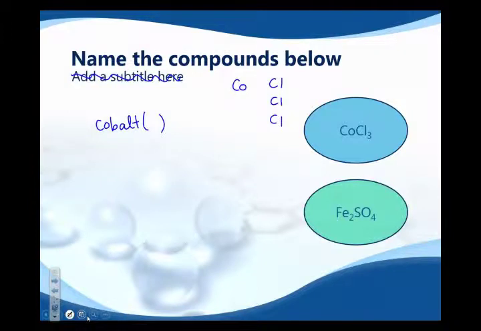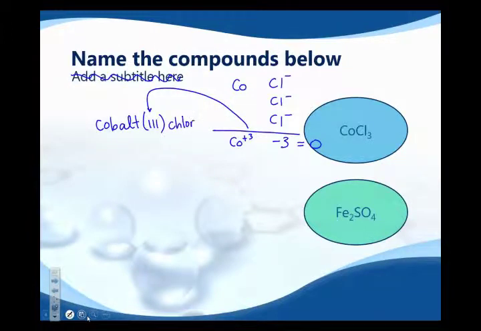I can check the periodic table and find that the charge of each chlorine is -1. So that means I have a -3 coming from the chlorines. I've just got the 1 cobalt, and the whole thing has to add to 0. What do we add to -3 to make 0? Well, we add +3. So my cobalt must have a charge of +3. That is what I put into my parentheses, a 3. And then I finish out by naming my anion, which is chloride.